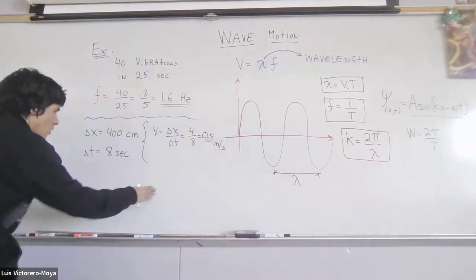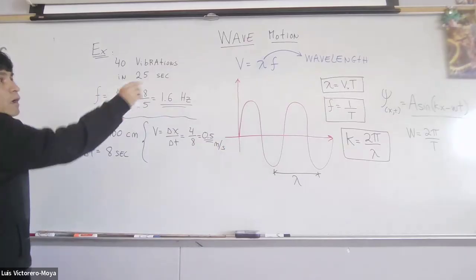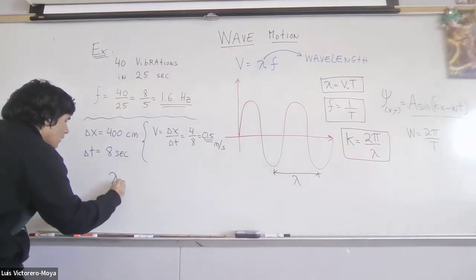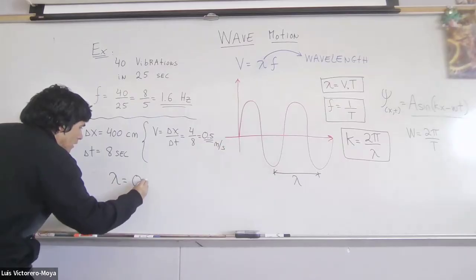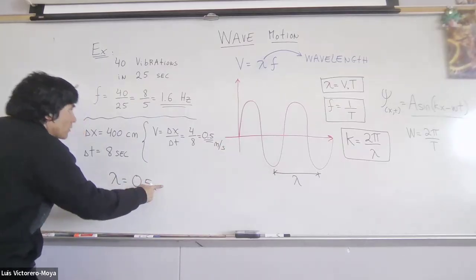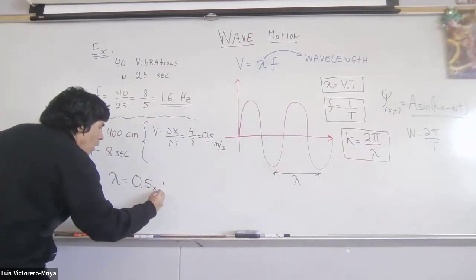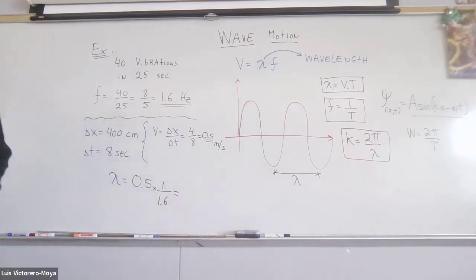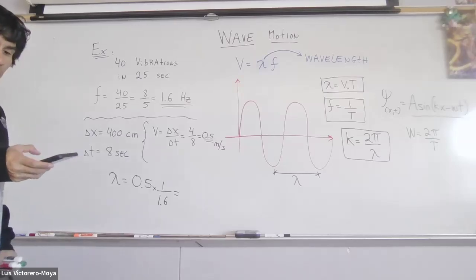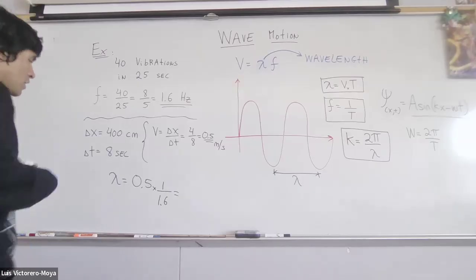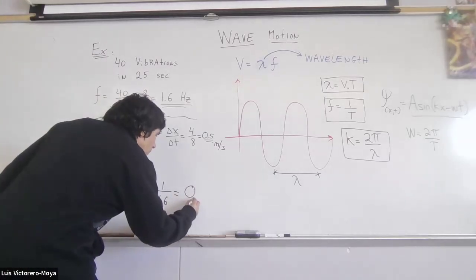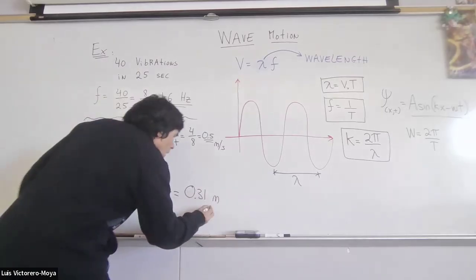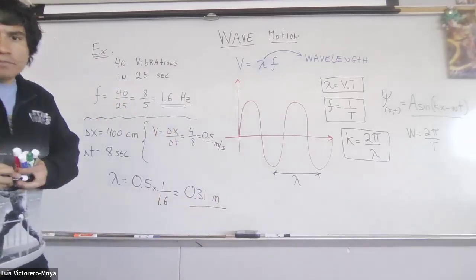Velocity, frequency. So lambda is velocity times the period. Period is the inverse of the frequency, so 1 over 1.6. So 0.5 over 1.6. That's 0.31 meters, about 31 centimeters.